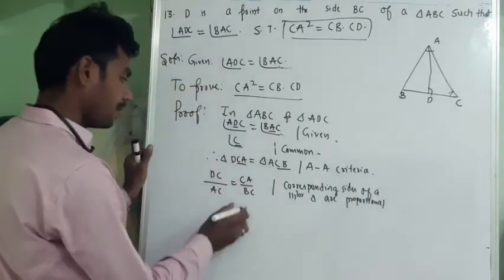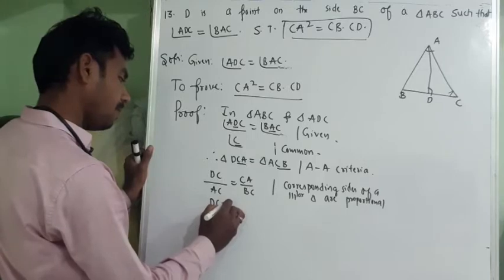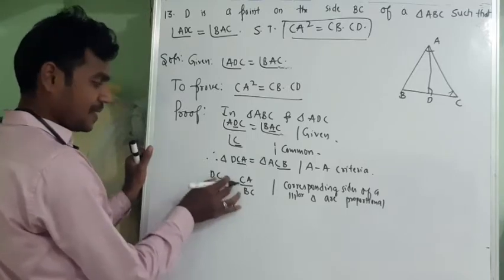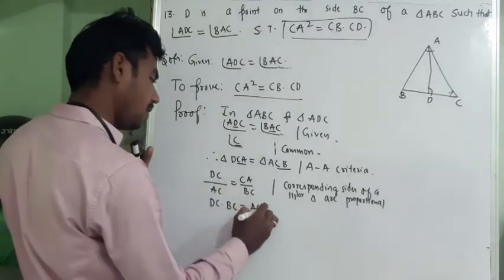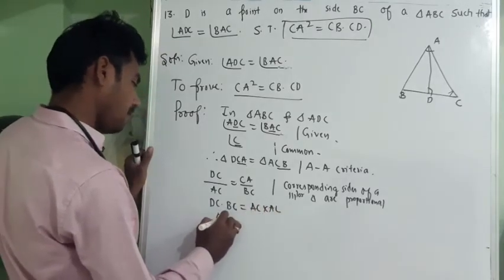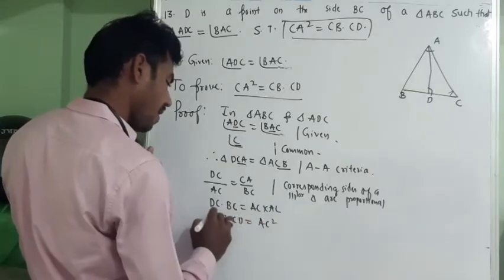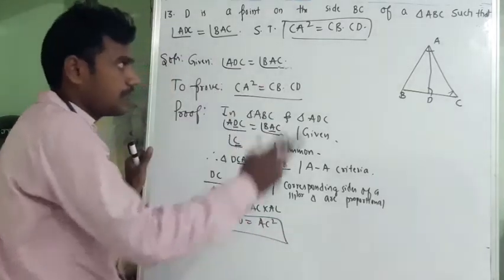Fine. So by cross multiplication, DC into BC is equal to AC into AC, which is nothing but CB into CD is equal to AC square. This is the required proof. Hence proved, please note this term.